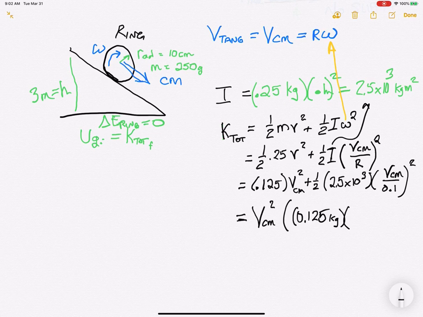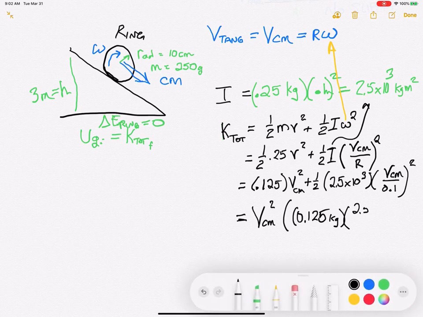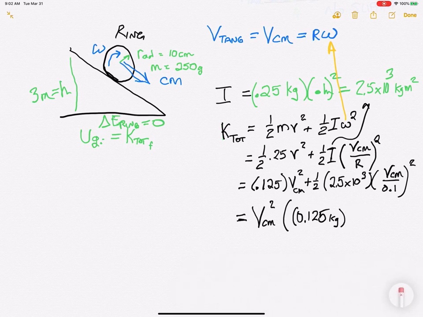Then we're going to add to this all the numbers. Sorry, I really did mean add, and that's not what I wrote. So 0.5 times 2.5 e to the, pretty sure that's the negative third. And now I'm going to divide it by 0.1. Oh, did I put that in wrong?